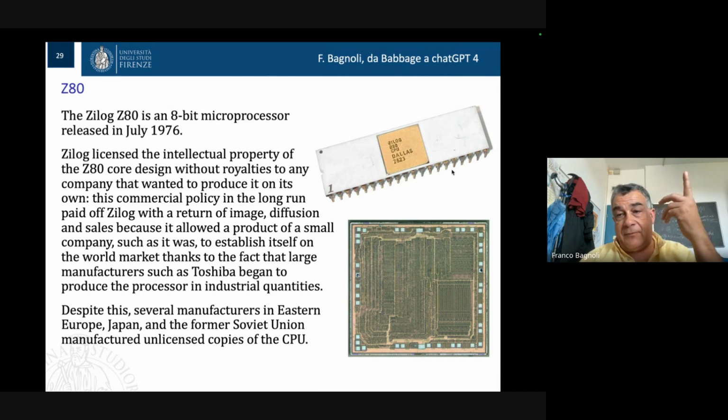Clearly, the performance of the chip was important, but also the fact that the Z80 was an open project which could be adopted and copied by a lot of other enterprises, clearly paying royalties. But for instance, a lot of producers in the Soviet Union did not pay anything and made clones of the Z80.